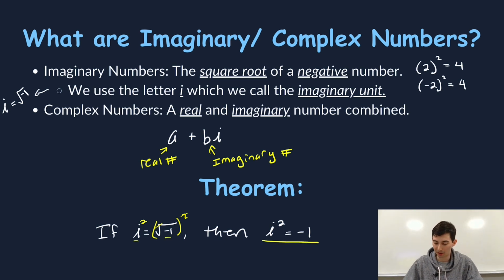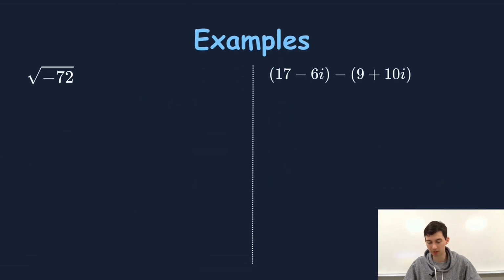So i squared is equal to negative 1, and i is equal to the square root of negative 1. Okay, so that's going to be important in a couple of examples here, but let's do these two first.